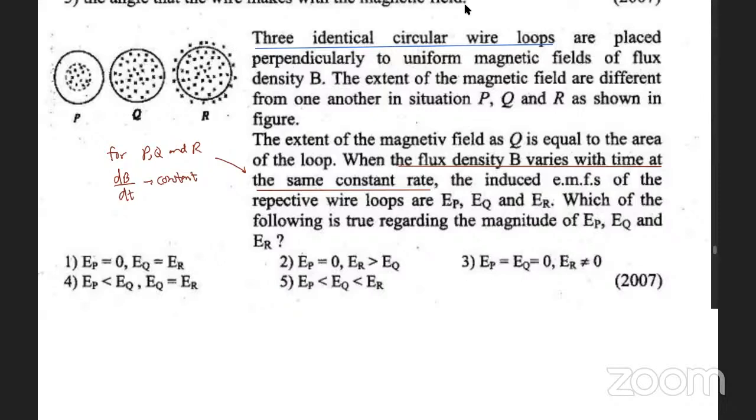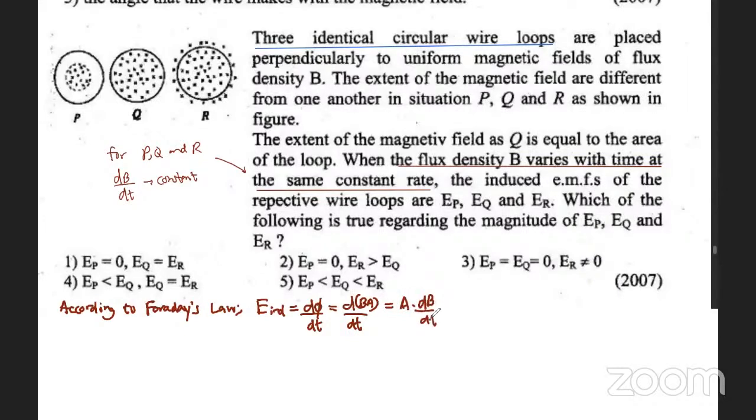Now, we all know, according to Faraday's law, induced EMF is equal to d phi over dt, and instead of phi we can put d(BA) over dt. In the question they are clearly mentioning dB over dt, so we can say A dot dB over dt.